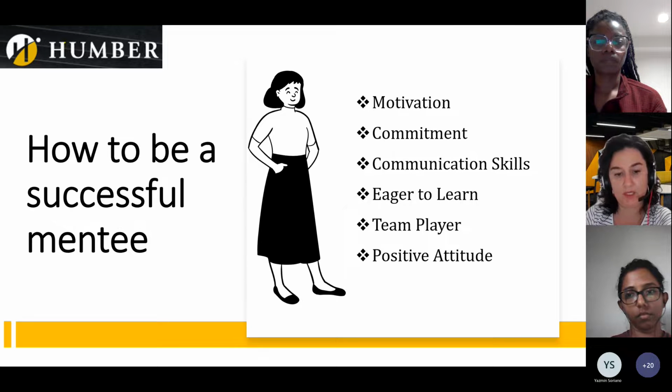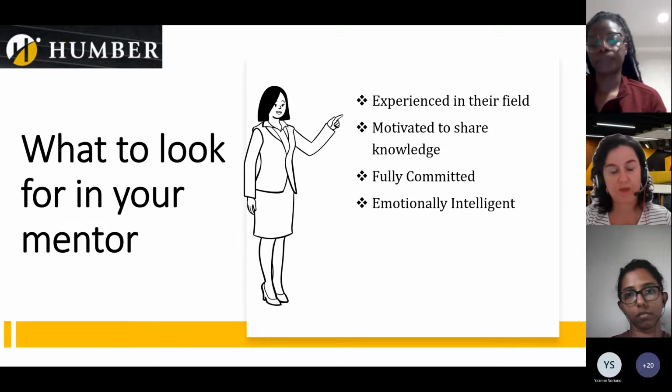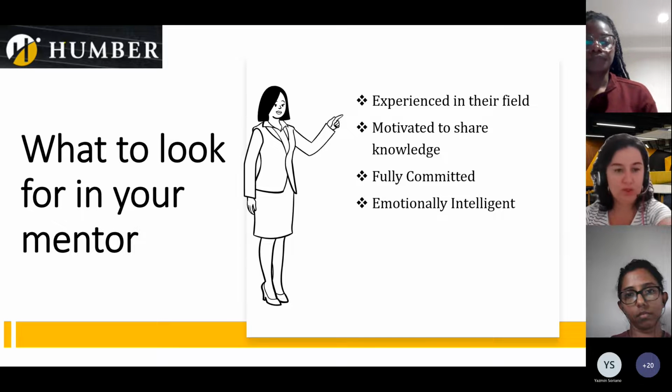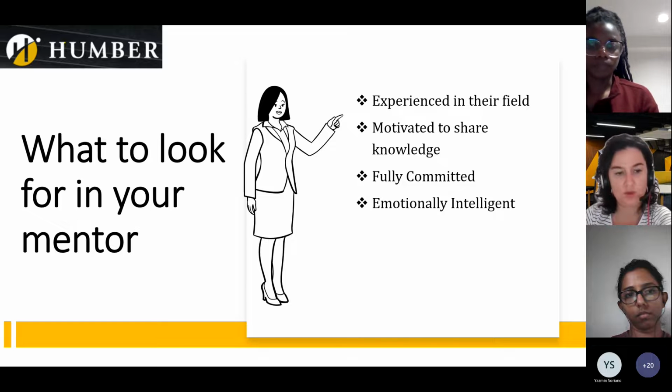And mentorship can be part of these experiences and stories. So, what to look for in your mentor? They are experienced in their field.